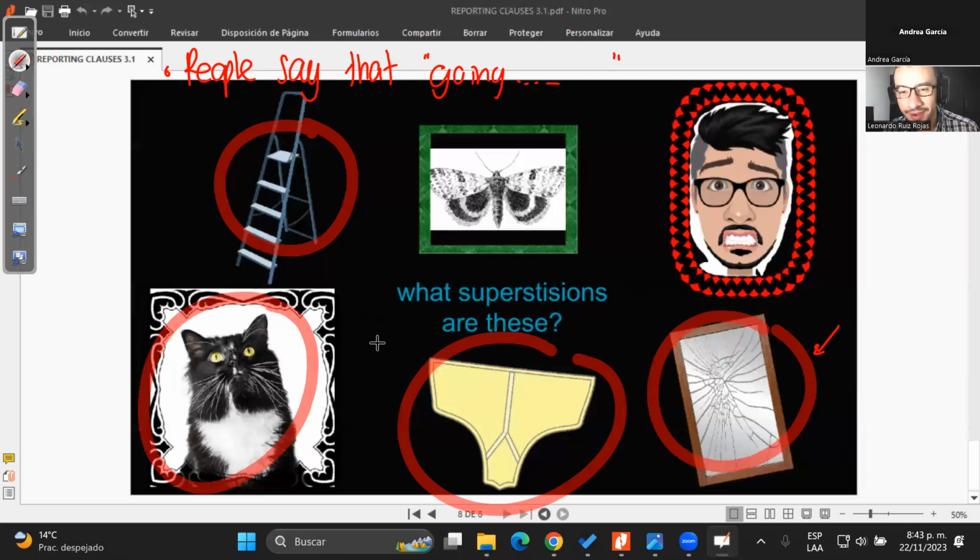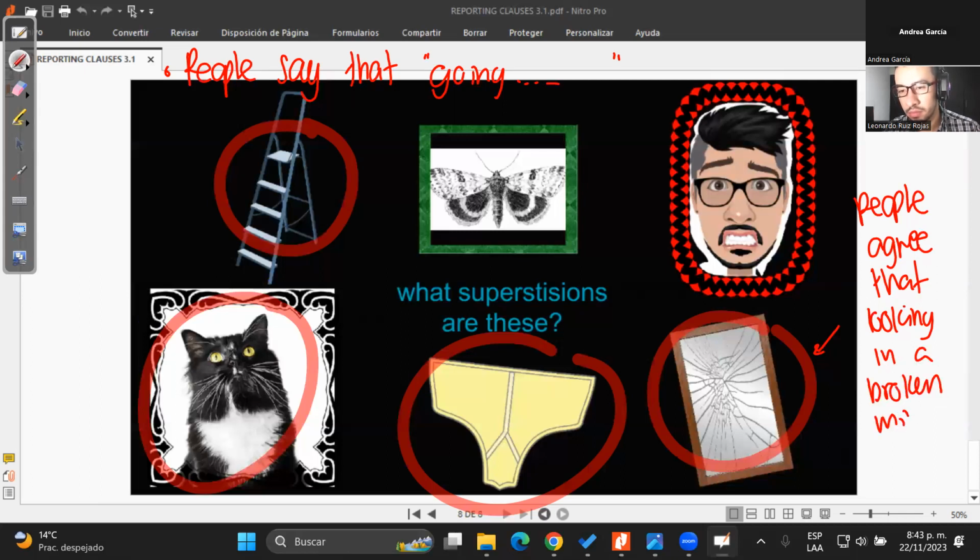Teacher, is common that the people agree, sin el R, no agree. The people agree that looking in a broken mirror brings bad luck for 7 years.